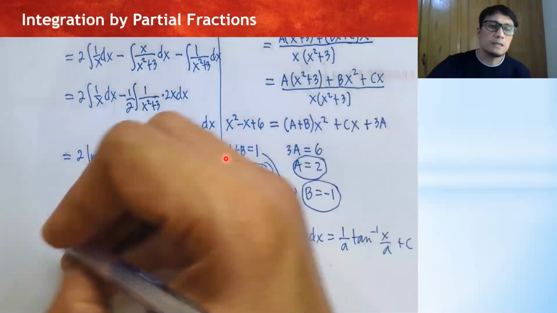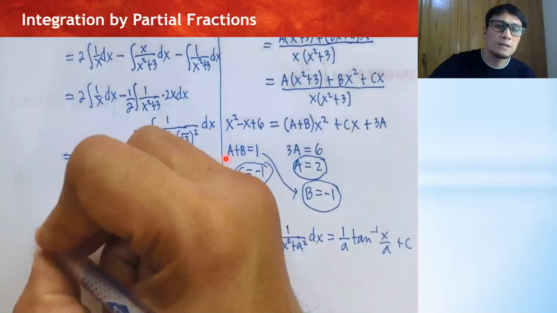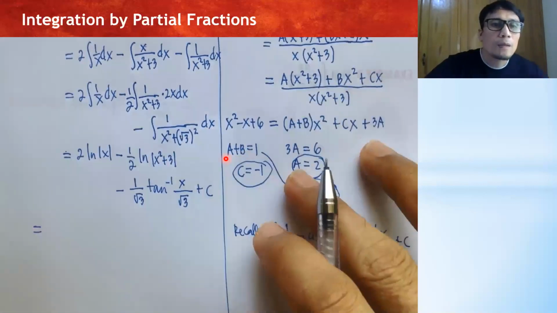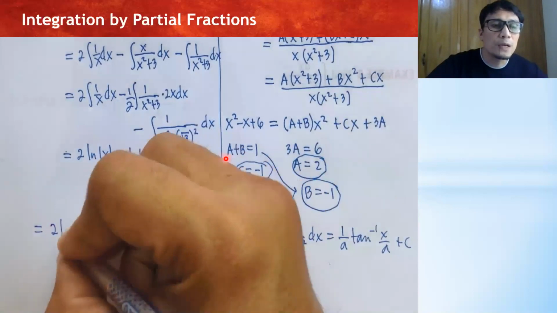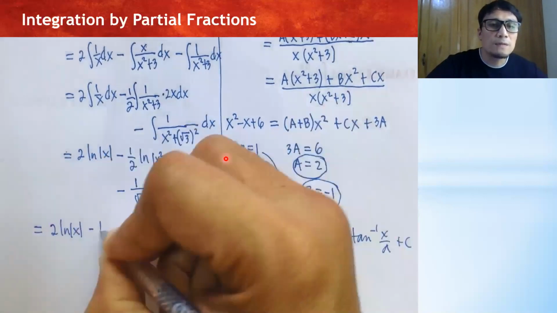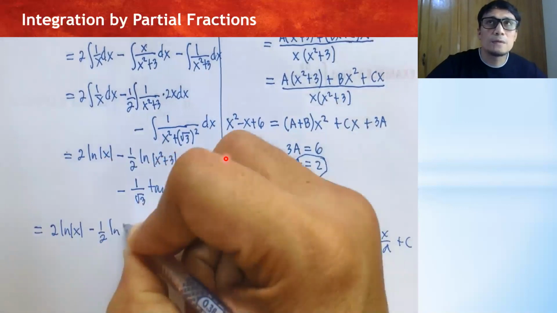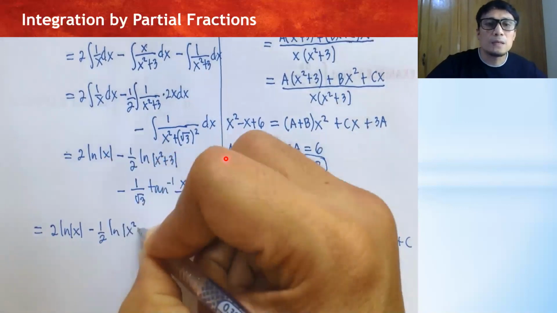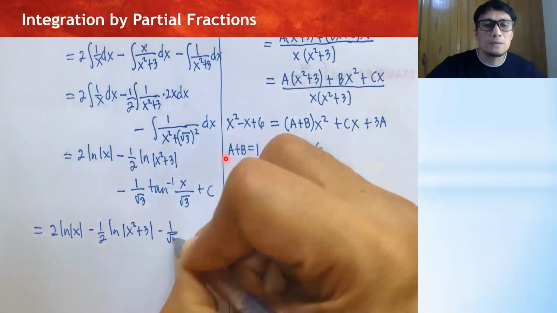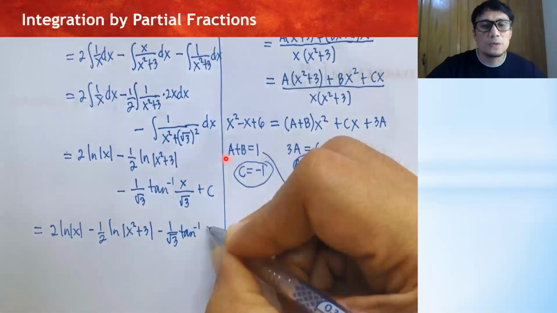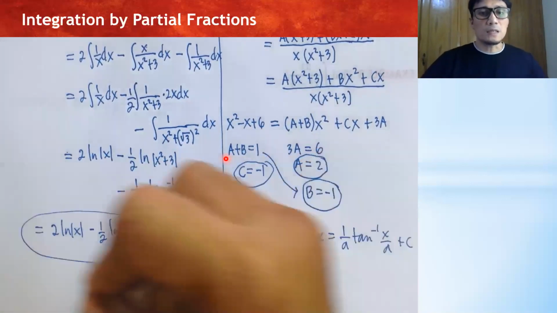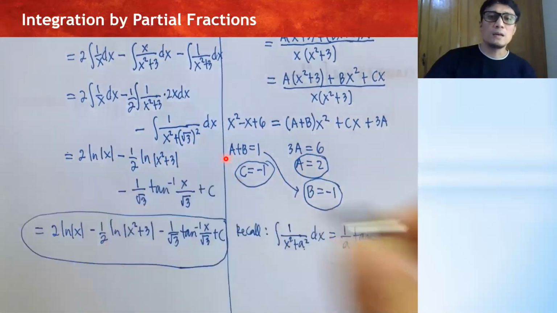Let's just write here the final answer in a nice form. So we have 2 ln of x minus 1/2 ln of x squared plus 3 minus 1 over square root of 3 tangent inverse x over the square root of 3 plus C. So that's it.